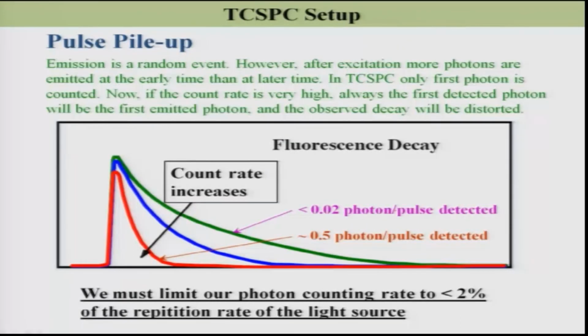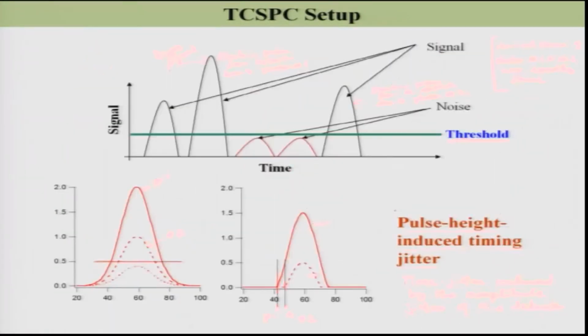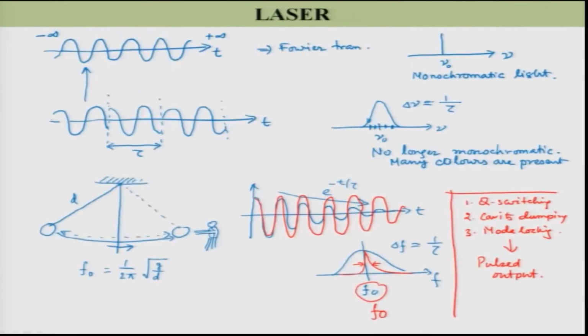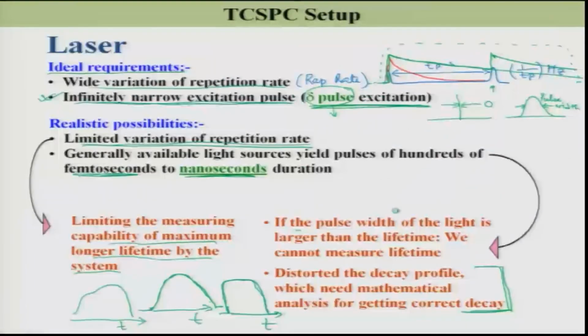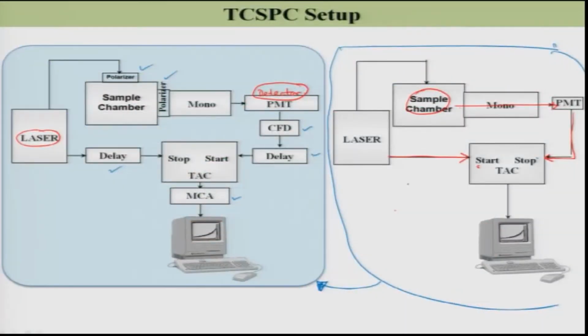Okay, so what we understood till now is this setup. I have a laser, it excites the sample, the desired emission wavelength is selected by this monochromator, and then the first detected photon is detected by this PMT.